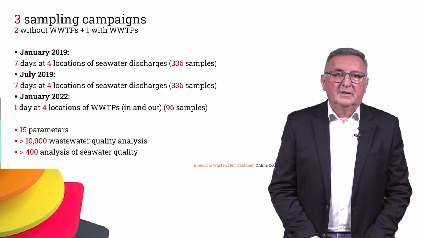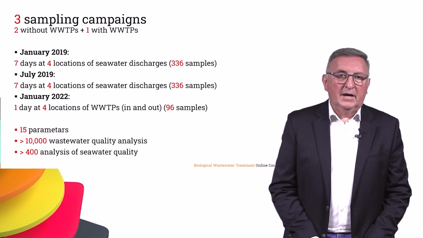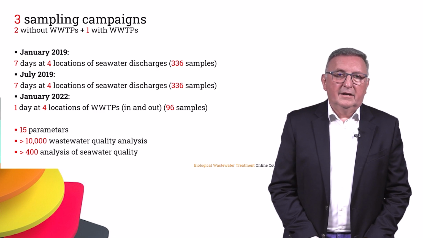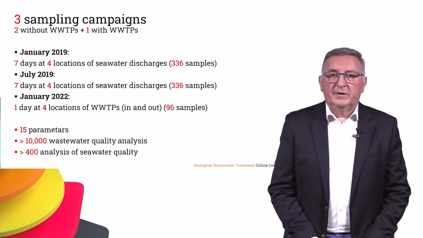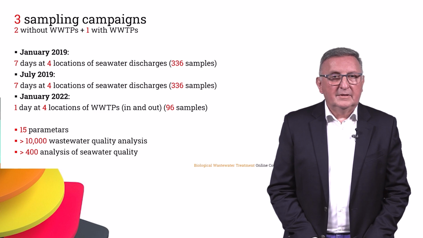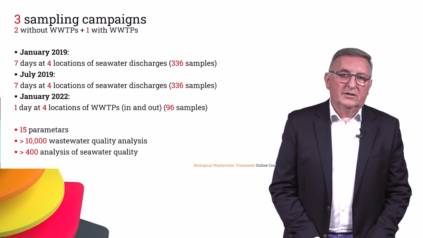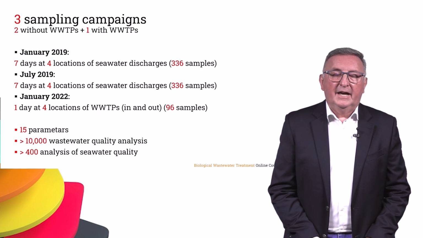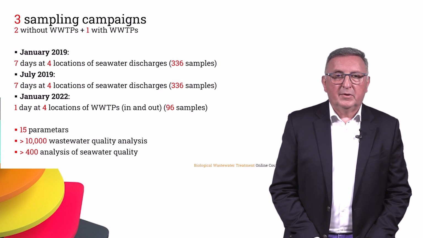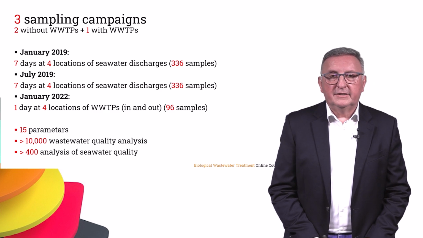The same protocol was applied in July 2019 during the summer period, again with 7 days, 4 locations, and 336 samples. And in January 2022, again in the winter, we performed a sampling program at the 4 different wastewater treatment plants, and each campaign was 1 day, so 1 day at each plant, in total 4 days.